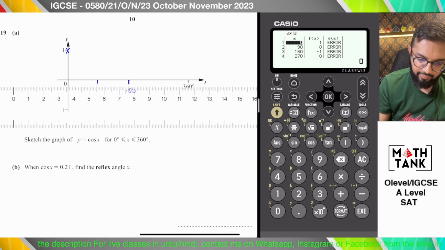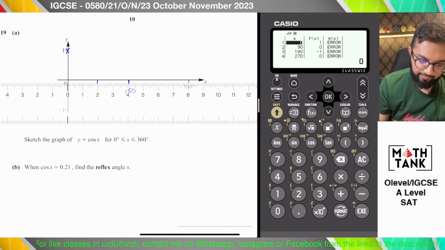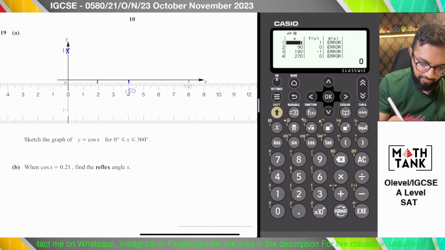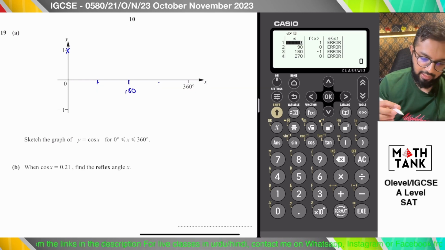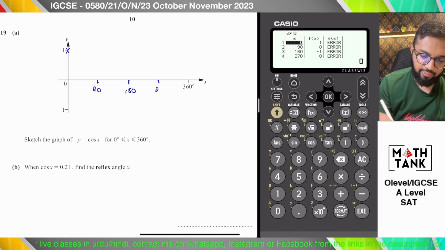Let's just use it. But 8 units, I marked at 4, I marked at 2, and I marked at 6. So I'm going to get done with the ruler and say that this is 90, this is 270. So 90, 0, 180 minus 1, 270 is this, and 360 is again 1.